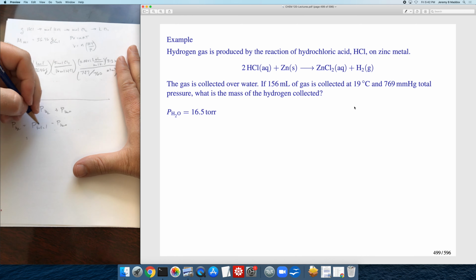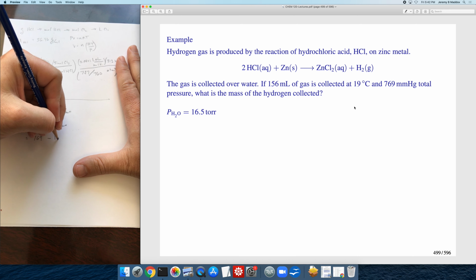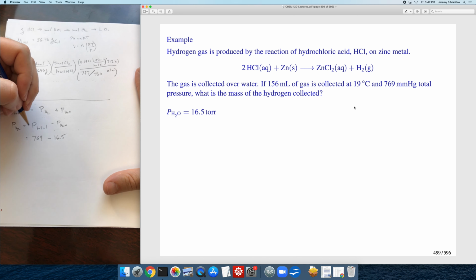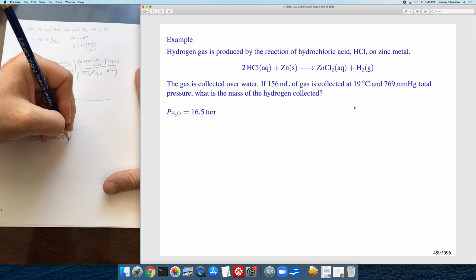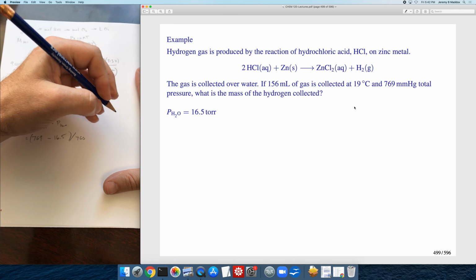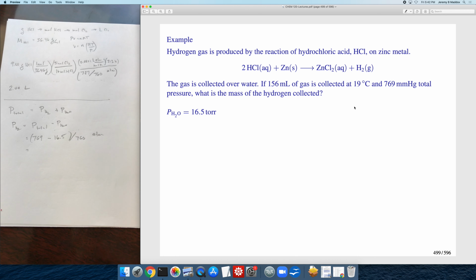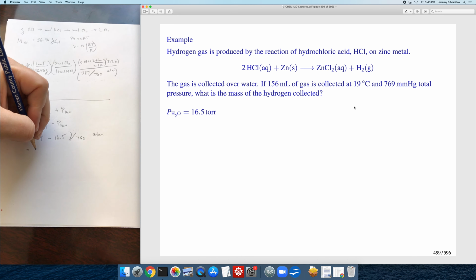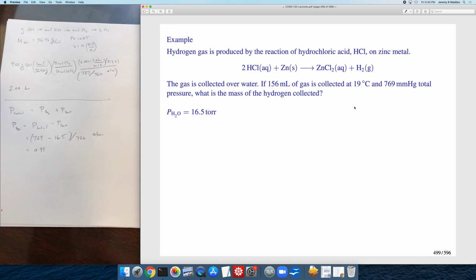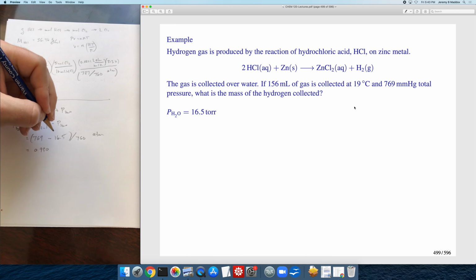So what is that? 769 minus 16.5 for the water vapor. And we're going to go ahead and divide that by 760 to get the value in atmospheres. And so it's about 1 atmosphere, but I'm getting 0.990 atm.